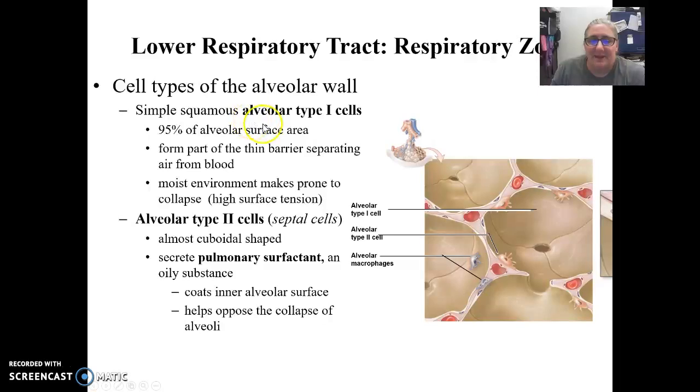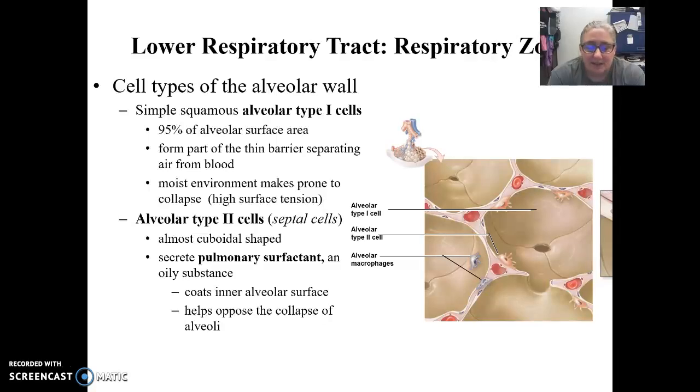There are different types of alveolar cells. Type 1 alveolar cells are the most common alveolar cells. And so they're the thin, simple squamous epithelium that allow oxygen and carbon dioxide to diffuse across the membrane.